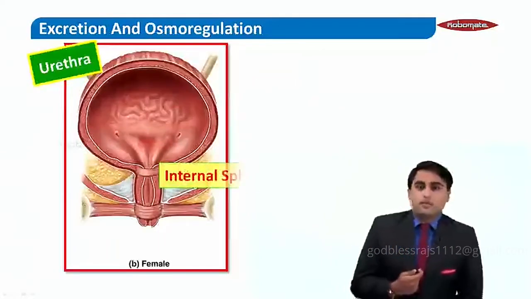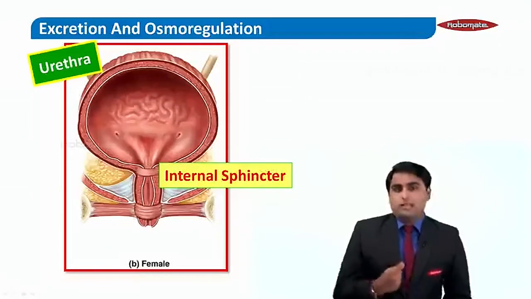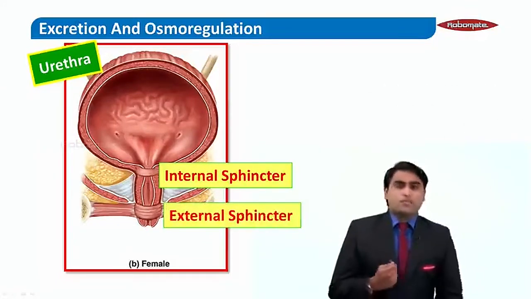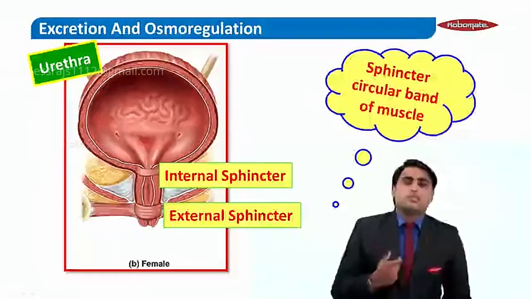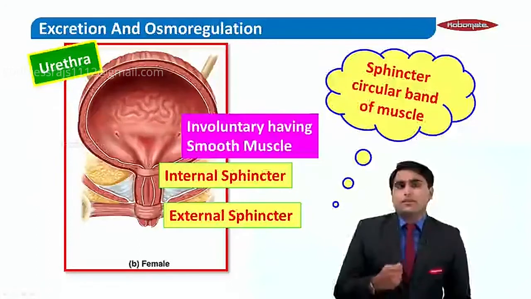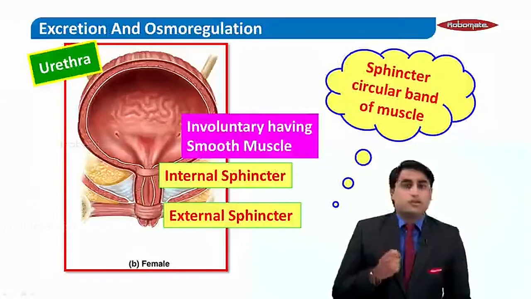Now let's see the sphincters present in the urethra. The urethra is guarded by two sphincters. One is the internal sphincter and the externally located one is called the external sphincter. Sphincters are nothing but a circular band of muscle. The internal sphincter is made up of involuntary smooth muscle, hence it is not in our control.